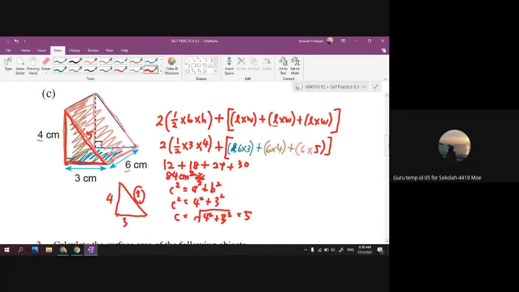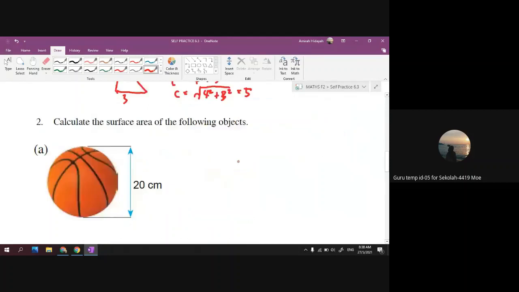Okay. So remember formula untuk prism yang ni. Okay, 2A. Okay, 2A is the easiest because it is a sphere, right? So formula untuk cari area of a sphere adalah 4 pi r square. So masukkan je lah nilai. R dia, okay, dia bagi ni ketinggian ni.